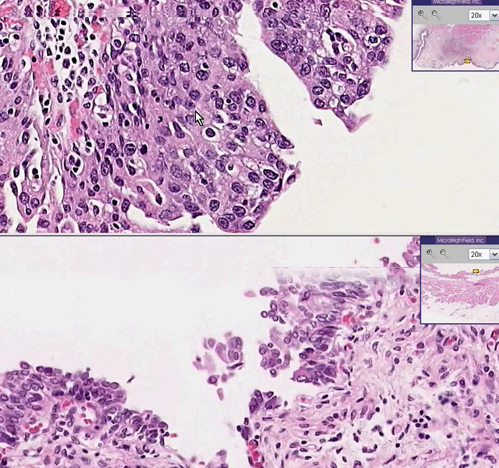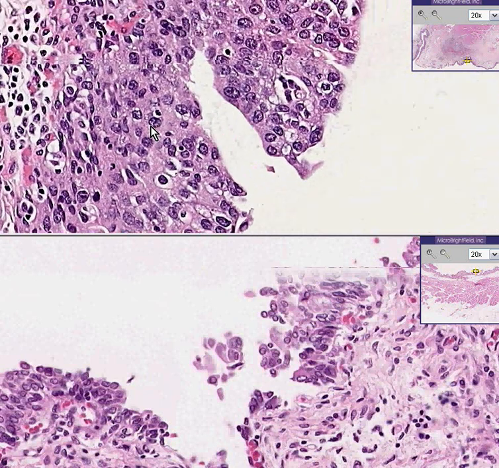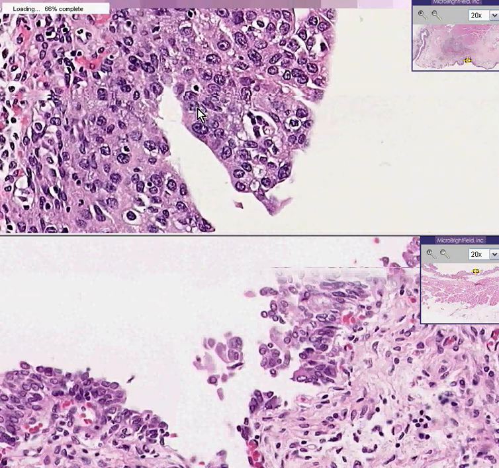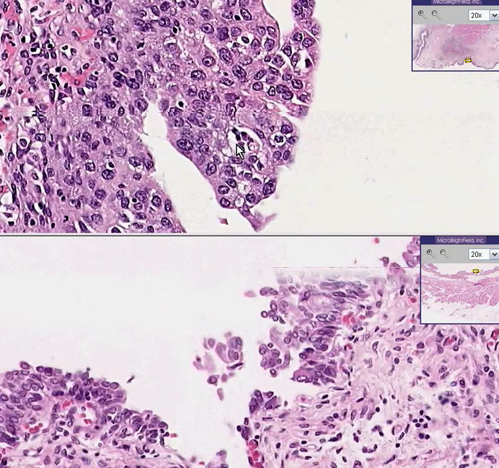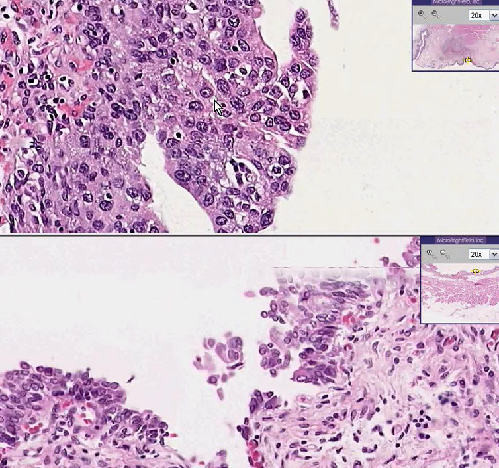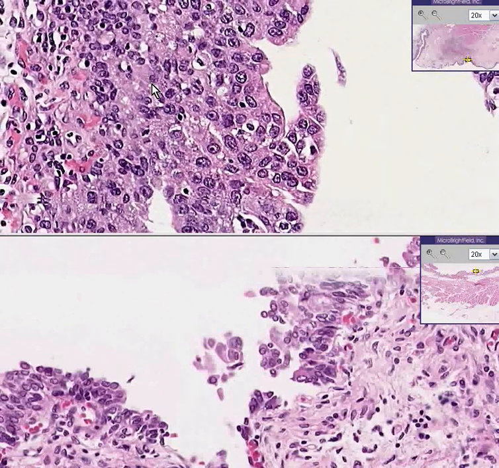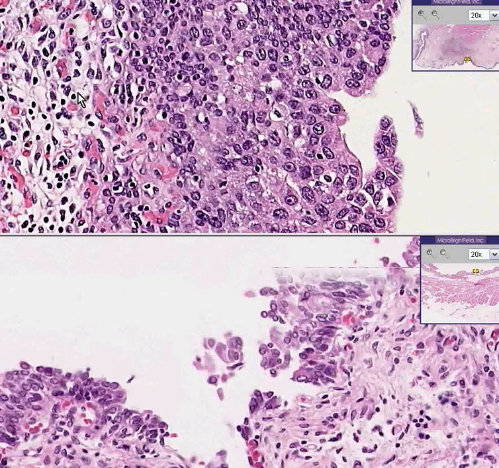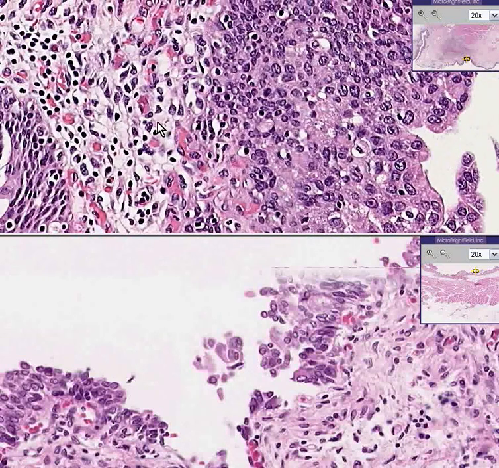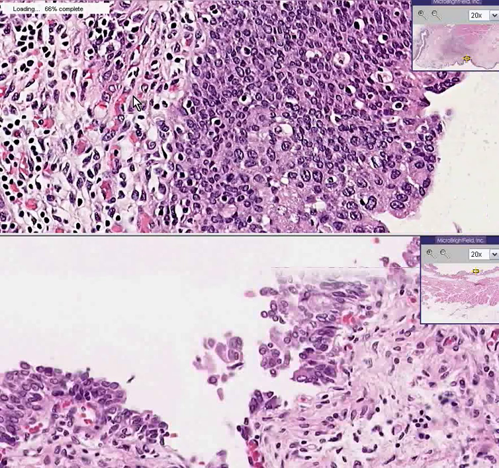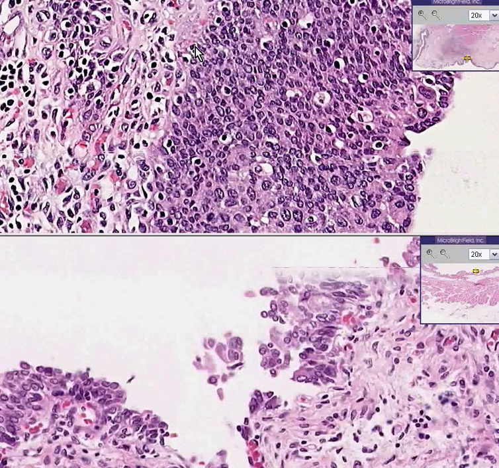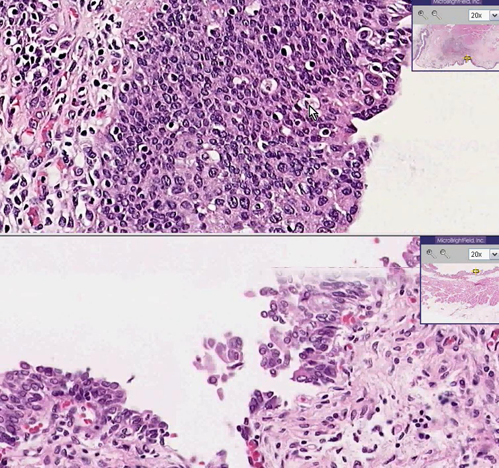Secondly, the cells are darker and more variable than they should be. In addition, there appear to be some bizarre-looking nuclei. And of course, in addition to that, you could see, once again, a lot of chronic inflammation underneath this epithelium, and perhaps occasionally entering the epithelium, perhaps here and here and here. These are probably inflammatory cells here and here.